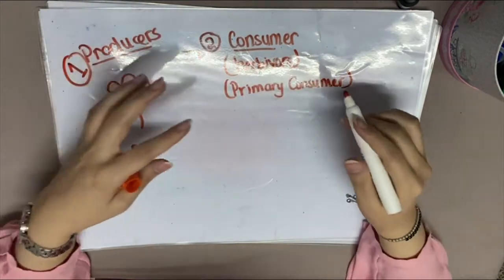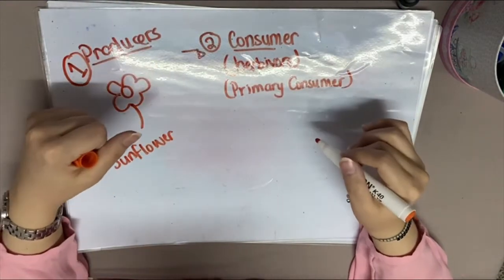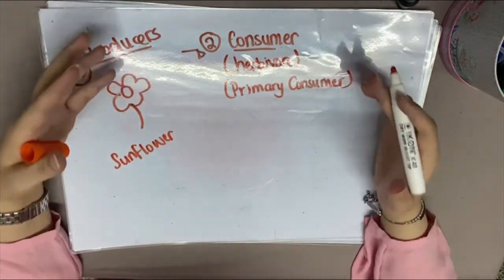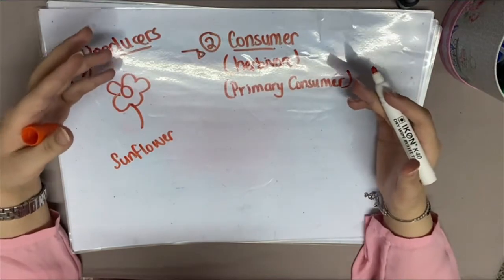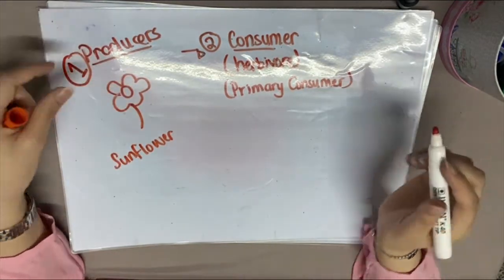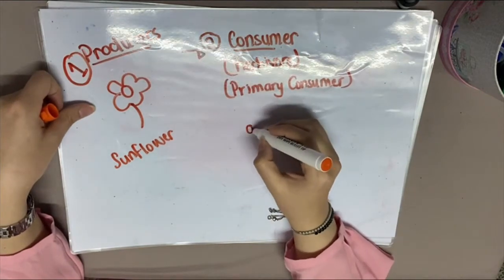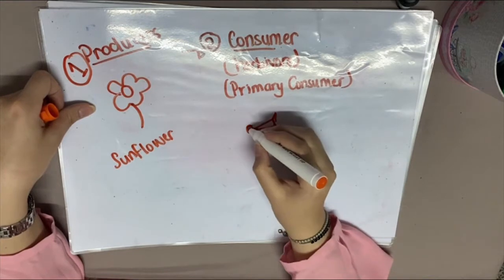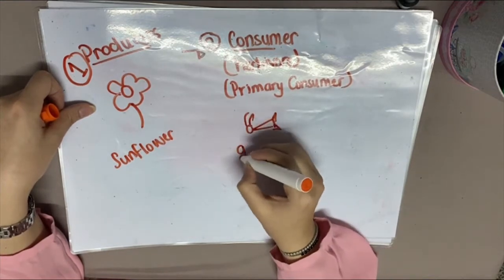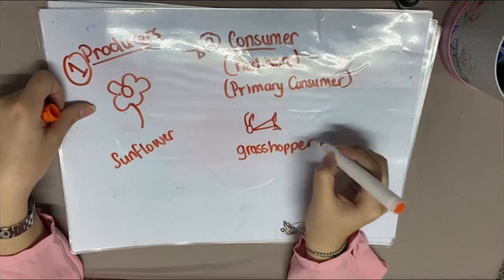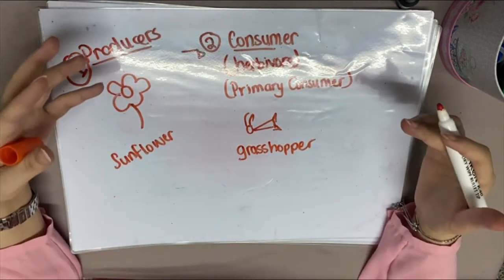Primary means first, so we need an animal that eats plants as a first consumer in our food chain. So let's add a grasshopper, and my drawing is very bad. I'm sorry, I don't even know what this is. Let's say grasshopper. So this grasshopper is our primary consumer.